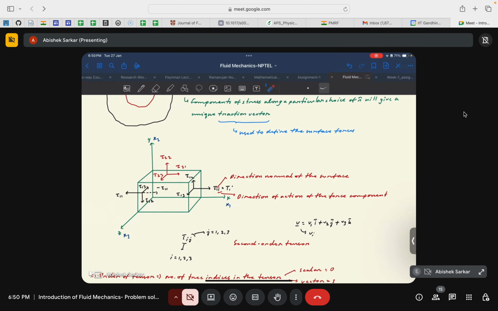I'm not that sure, but let us try to look into it. For the Cartesian coordinate system, x y z will denote the 1 2 3 indices. For the cylindrical coordinate system, it will be r theta z, which will correspond to 1 2 and 3.